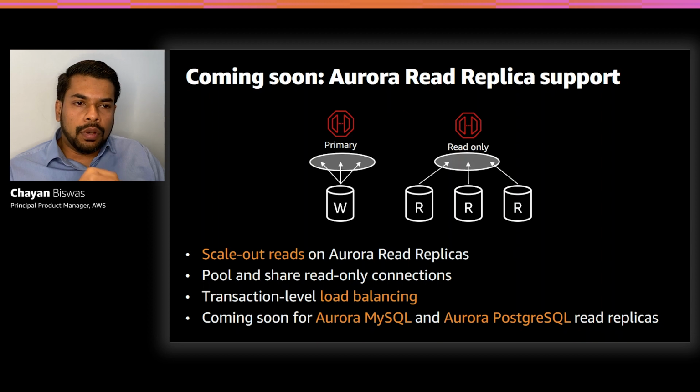With this new launch, once we make it available, it's also going to be able to provide all the same benefits: connection pooling, faster seamless failovers, better security for read replicas in your Aurora clusters as well. It's going to function very much the same way. So you will have two endpoints: the primary endpoint for the write workload, and the read-only endpoint for the read replicas. And we are going to, of course, also support it for both Aurora MySQL and Postgres. So this is coming soon on RDS Proxy.